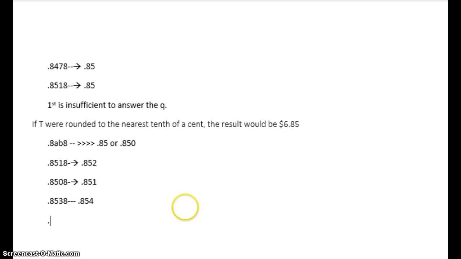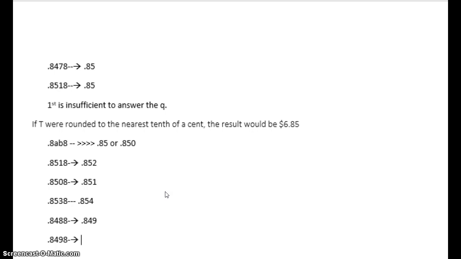Let's look at 0.84. Let's take A as 4. Okay. 0.8488. What would this give us? 0.849, correct? Because 88 would be rounded off to 90, or 0.8490, or 0.849. Still not giving us 0.850. 0.8498.